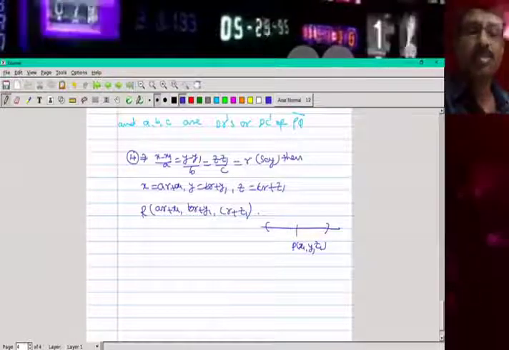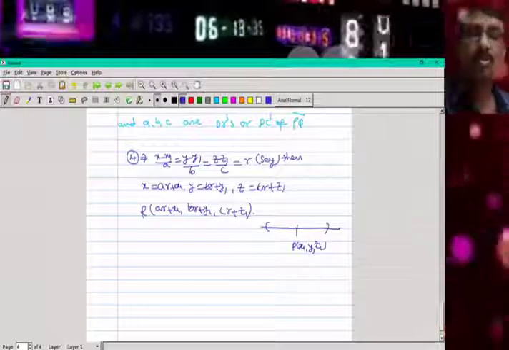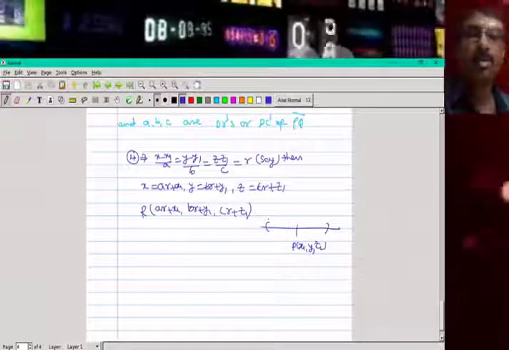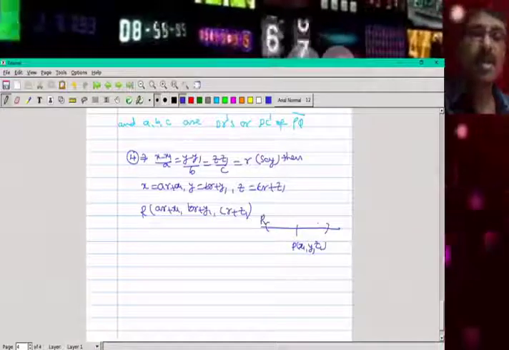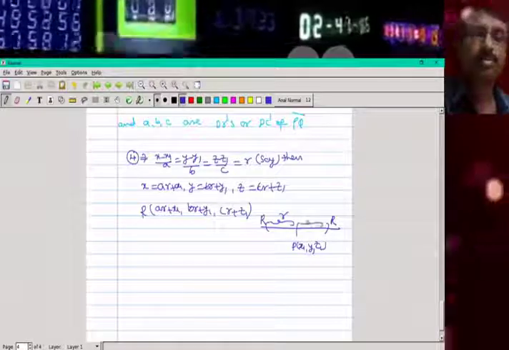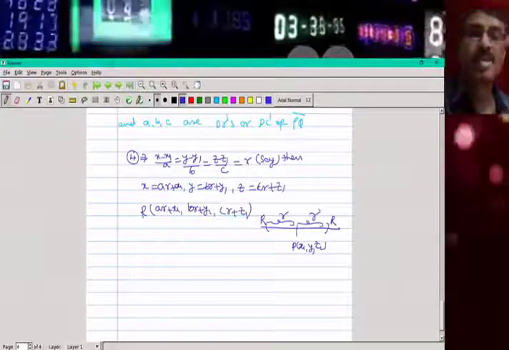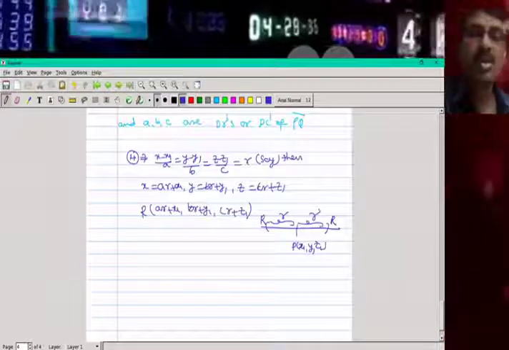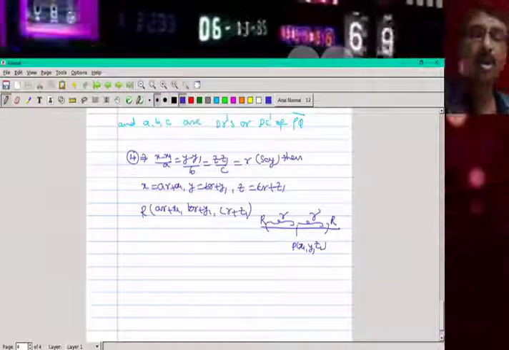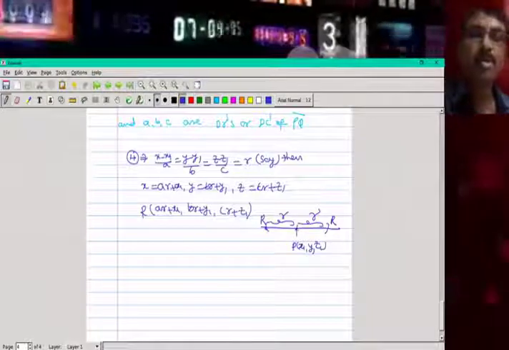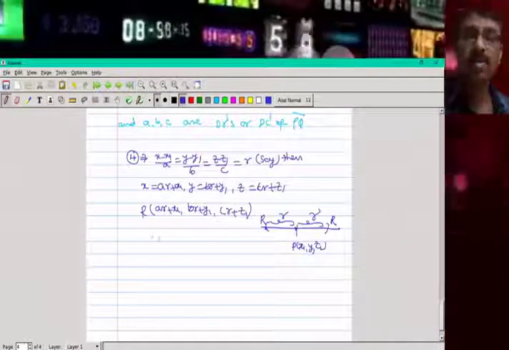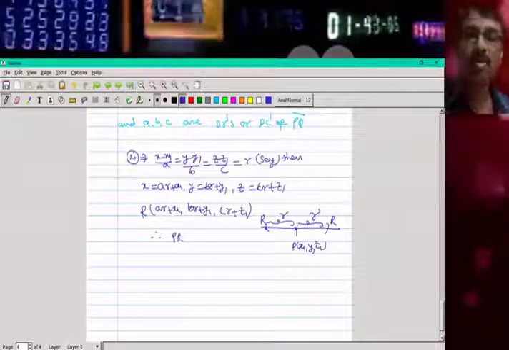Numerically both are the same, just like r equals minus 2 or plus 2. This point either lies left or right side at a distance small r. Here a small r is taken. This represents the distance between the points R and P. So we can write similarly, therefore PR equals small r.